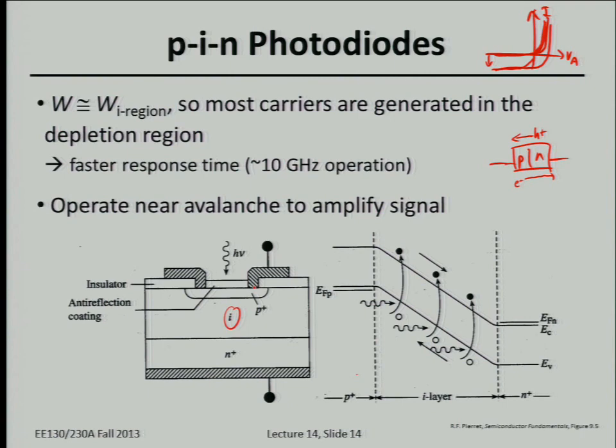Most of the voltage is dropped across the intrinsic depletion region. If you make that intrinsic layer really thick, you can generate a significant amount of current with light shining on it. And immediately, once electron hole pairs are generated, they get swept out. That's why you can have a faster response time.